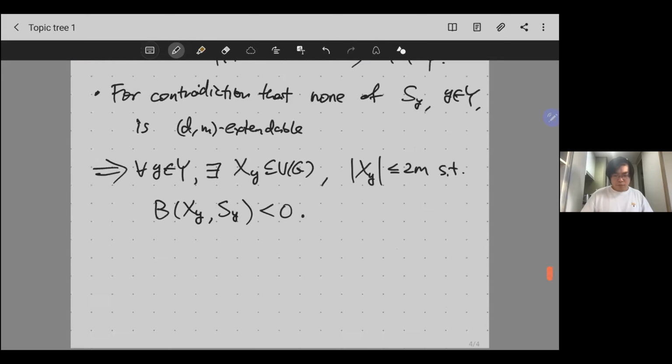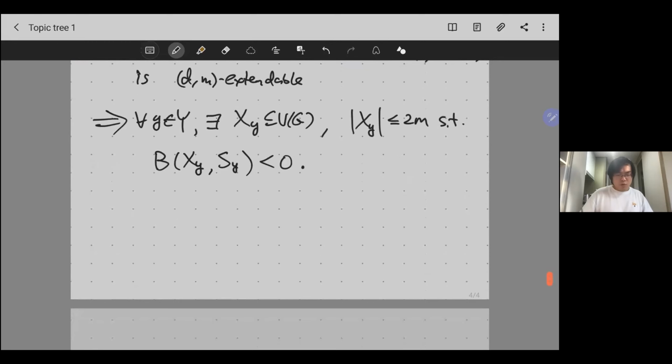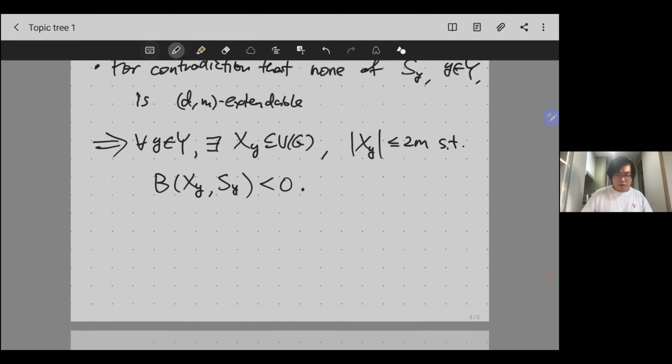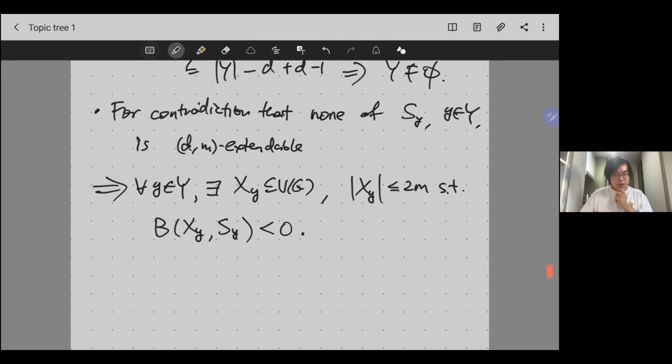To make use of this information, that the balance of X_y with respect to S_y is negative, we have to study the change of balance when we extend the partial embedding by one vertex.